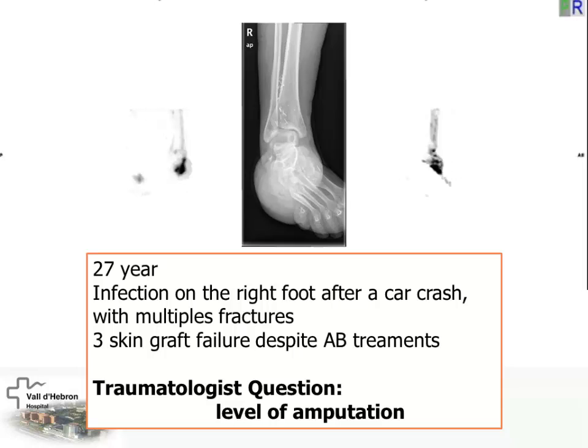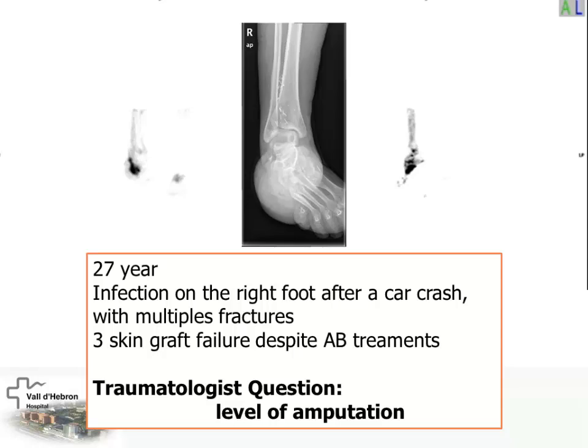FDG to see the infection. Here you have only the MIP images, but you can see that with FDG there is a big deposit, and with fluorine you can see increased activity of several bones of the foot.